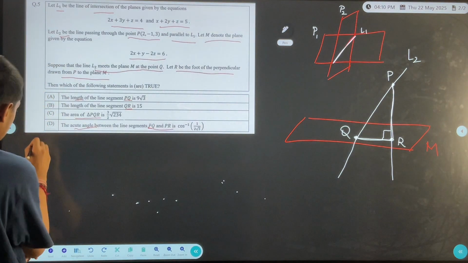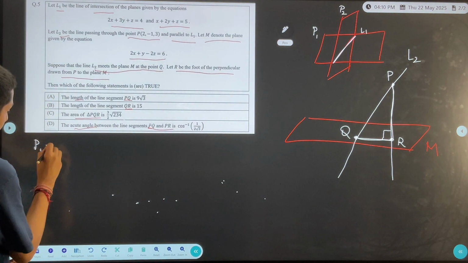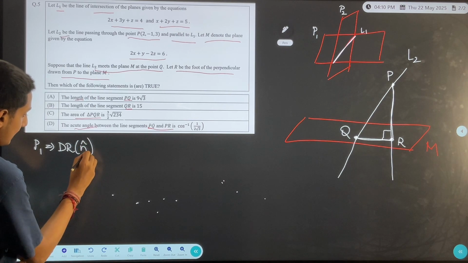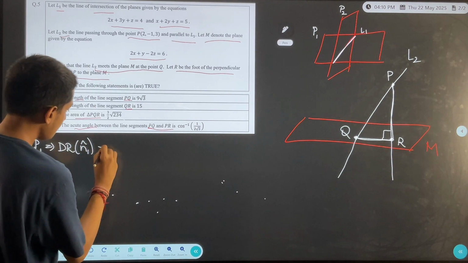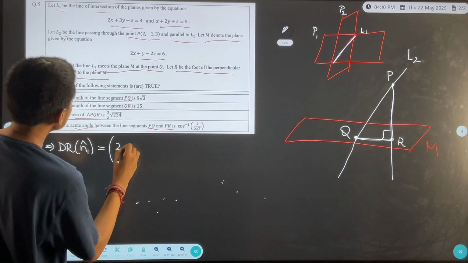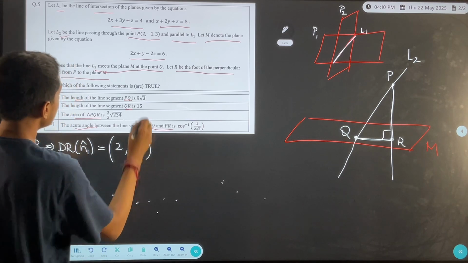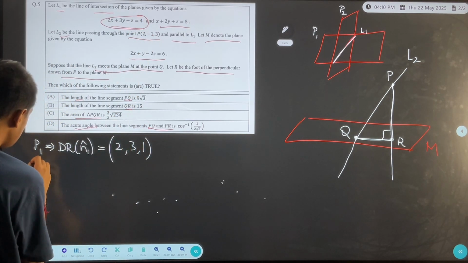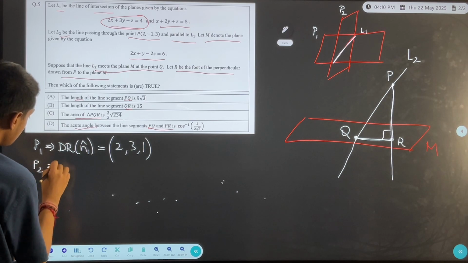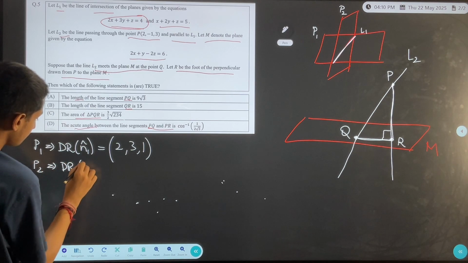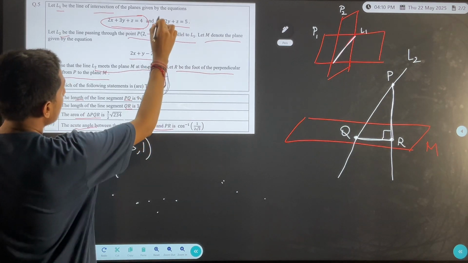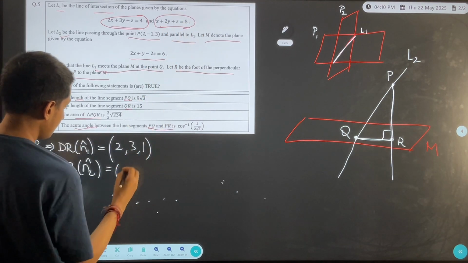For the plane P1, the direction ratios of the normal, and I'll mark it as n1 cap, are given by 2, 3, 1 from this equation. Okay, and similarly for plane P2, the direction ratios for n2 cap are given by 1, 2 and 1.